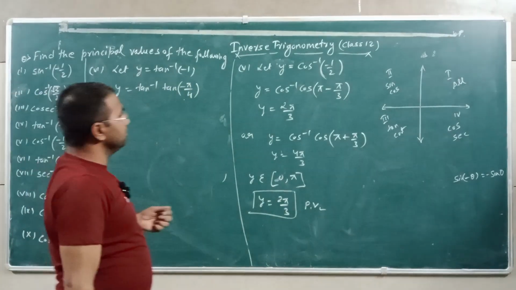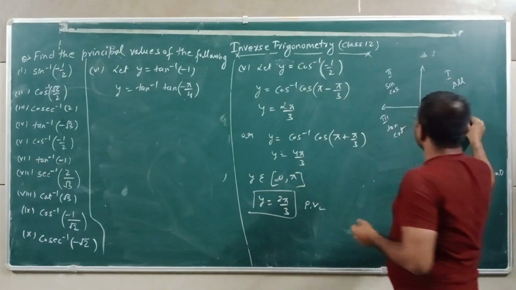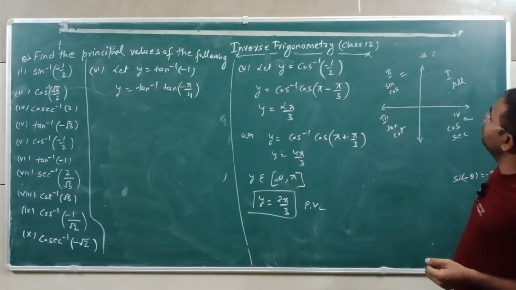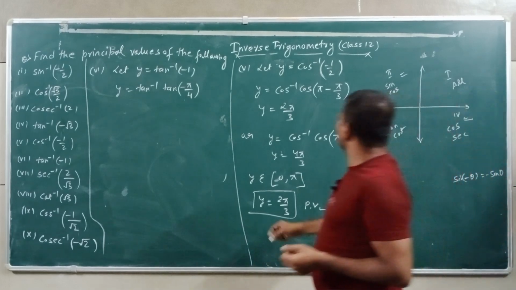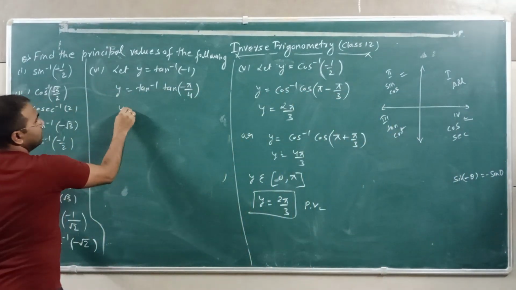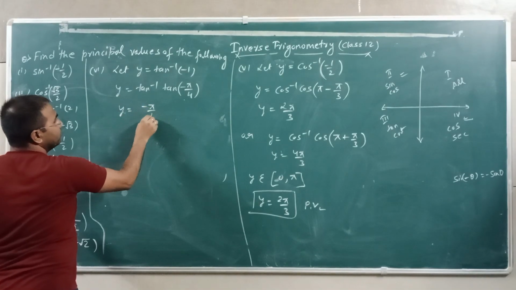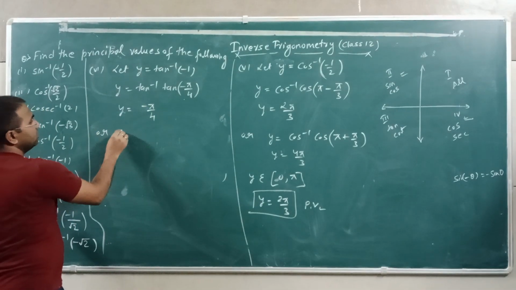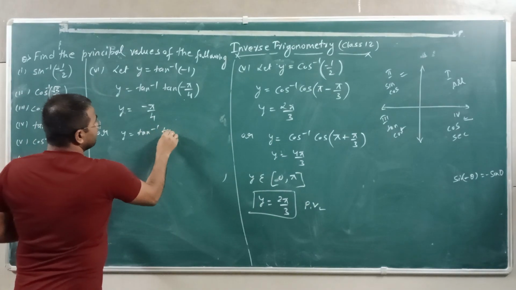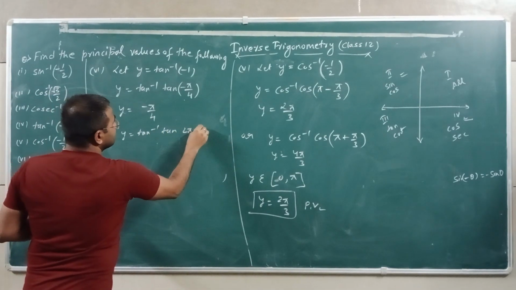So see here, in the fourth quadrant tan value will be negative, and in the second quadrant tan value will be negative. For the fourth quadrant, y will be minus pi upon 4, or you can write y is equal to tan inverse tan of 2 pi minus pi upon 4.